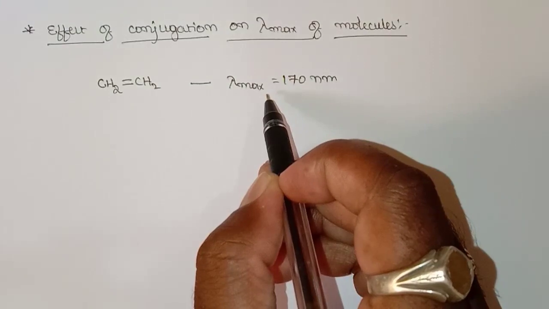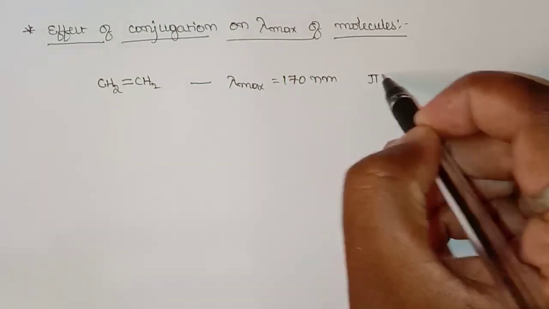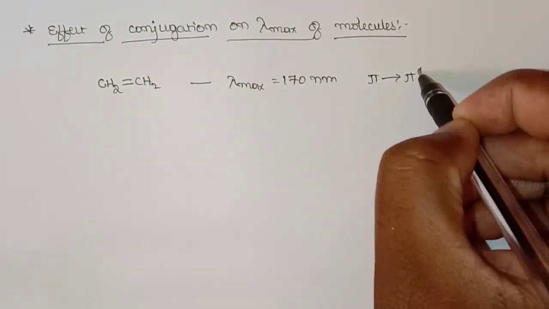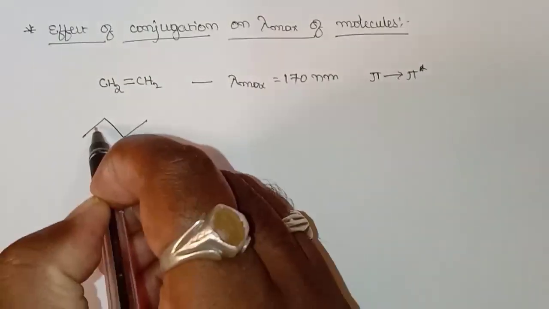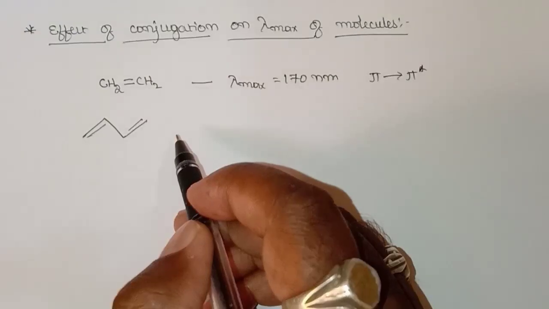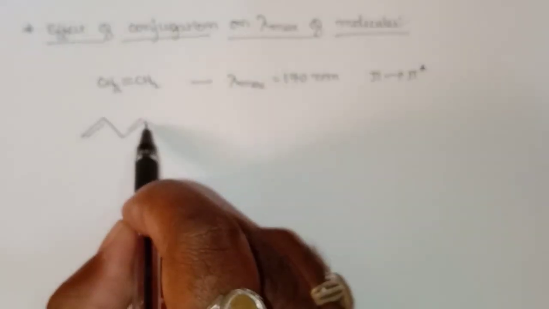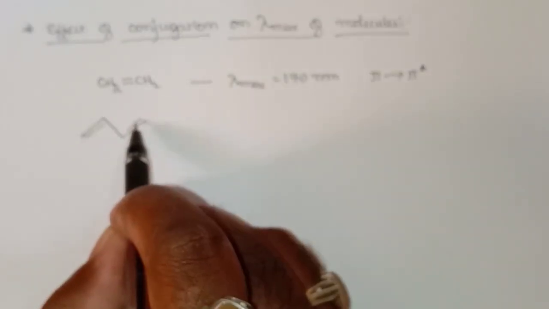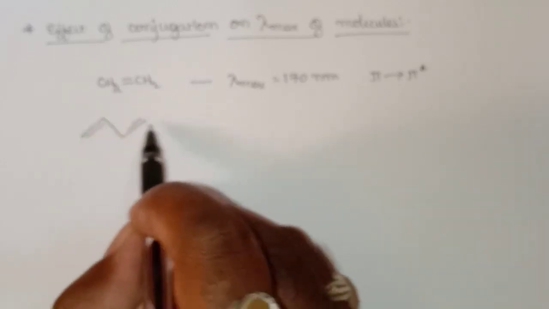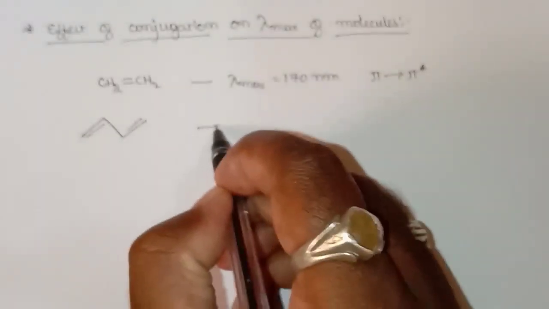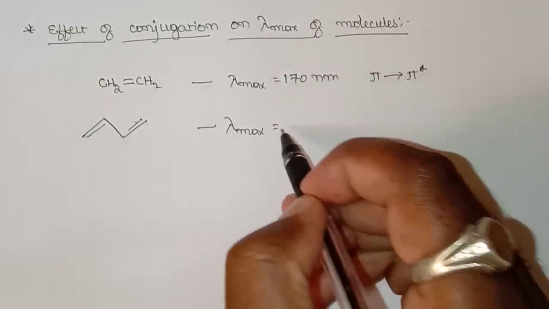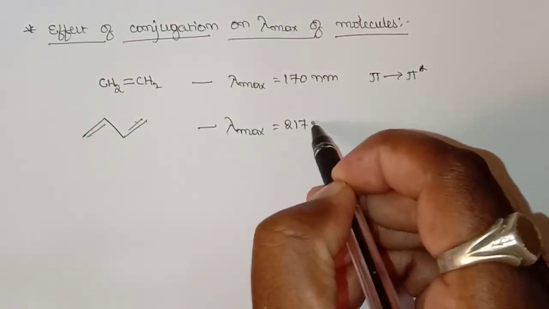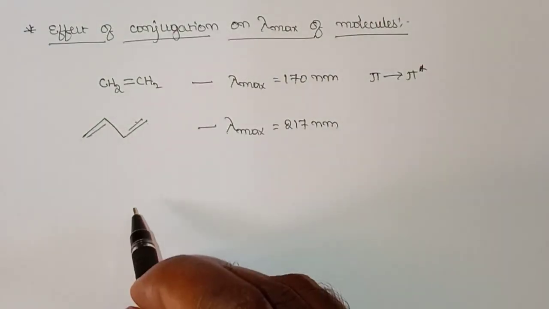And this lambda max value is mainly because of the pi to pi star transition observed by the molecule. But if you consider 1,3-butadiene, which consists of two double bonds present at alternate positions, that means they are conjugated to each other, it will show lambda max at a value of 217 nanometers.